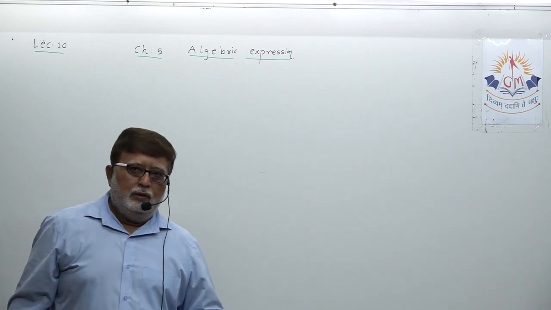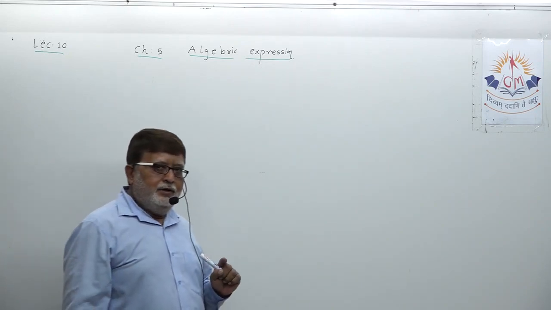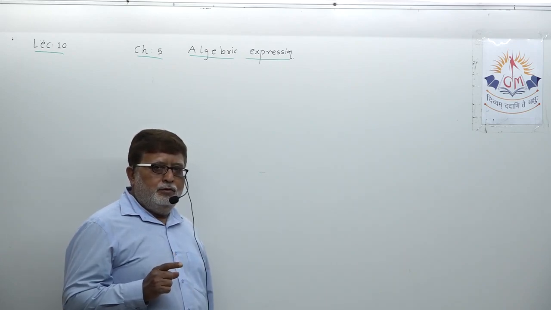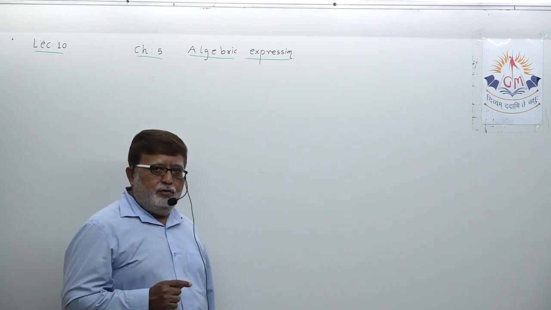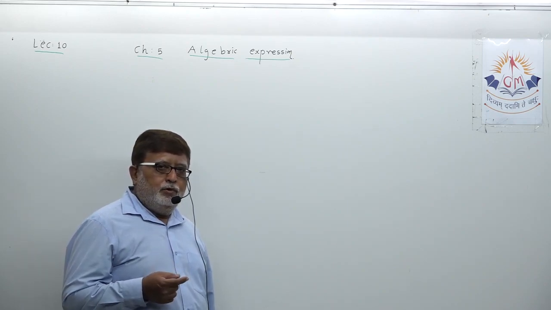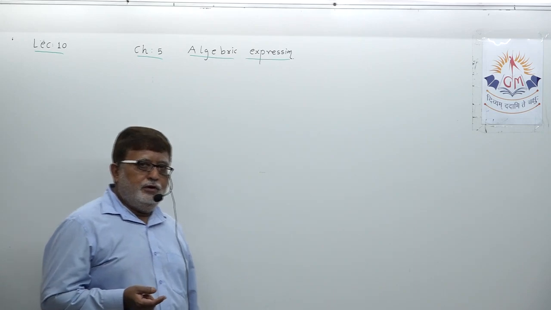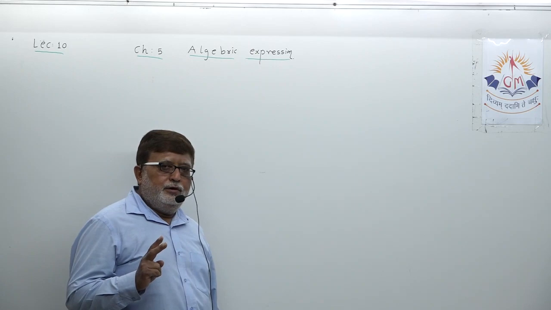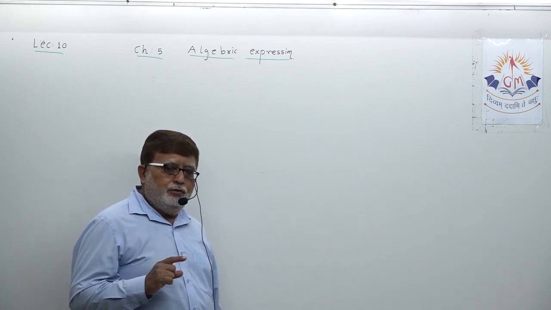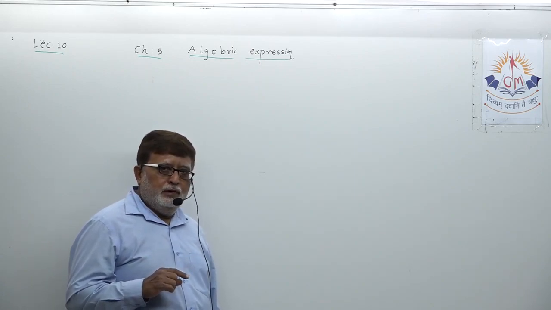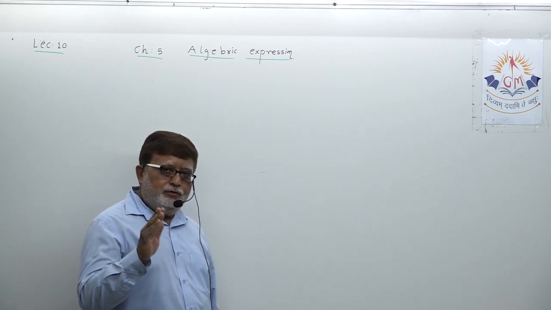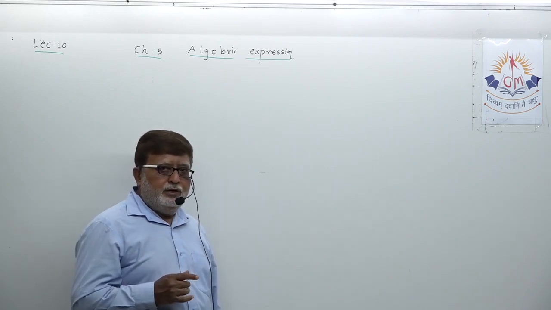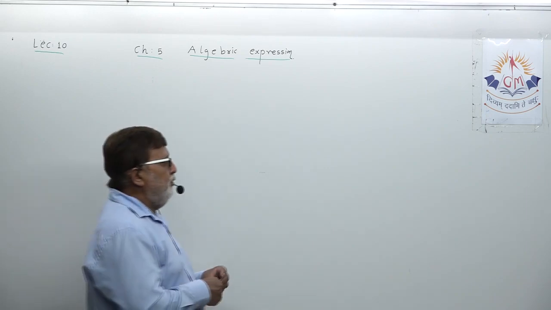First, I will write that identity here, and again, as you all know, since our last two lectures, we are in the process of factorizing, not expanding. So whatever identity you understood in expansion, if you think of the same identity in reverse, then it becomes factorization.